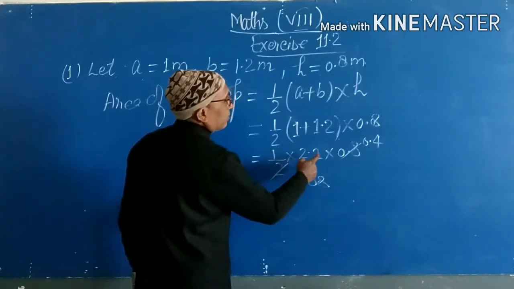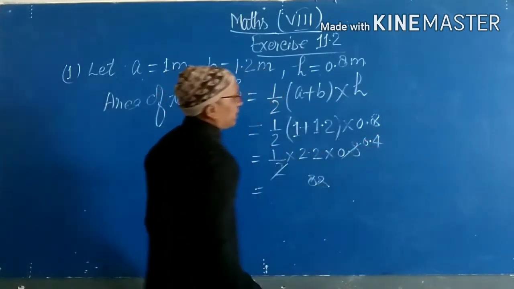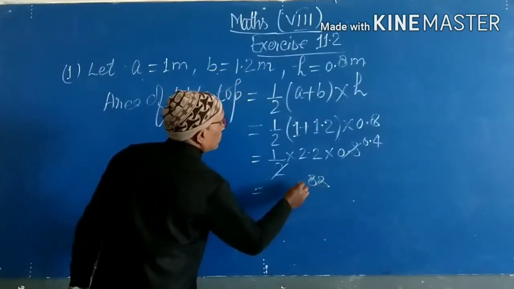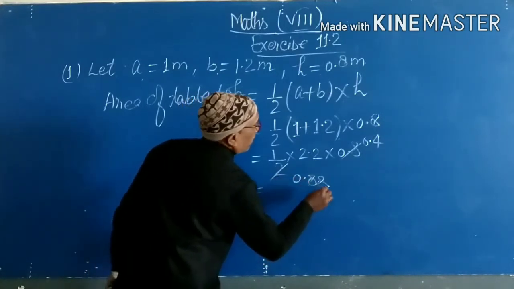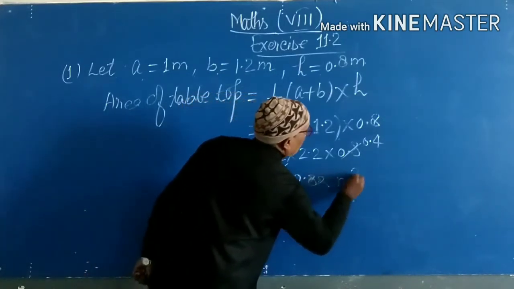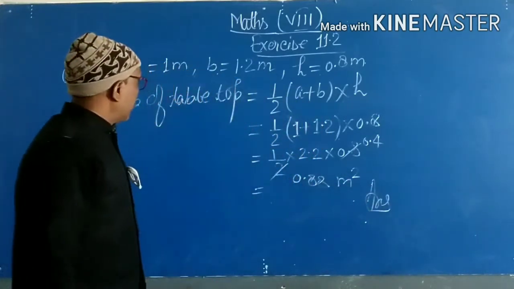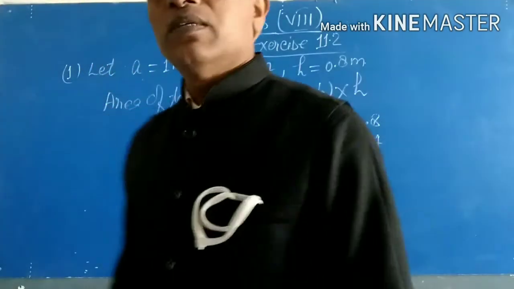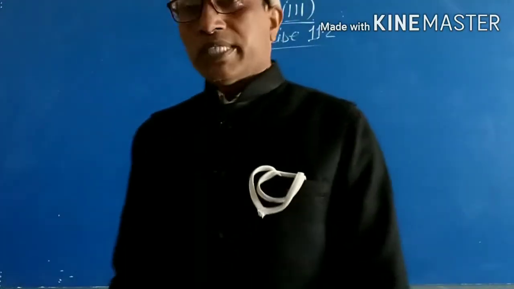After the point, there is 1 digit and 1 digit, means after 2 digits you shift the point. Your answer is 0.88 meter square. Area of the tabletop which is shaped in trapezium is equal to 0.88 meter square.